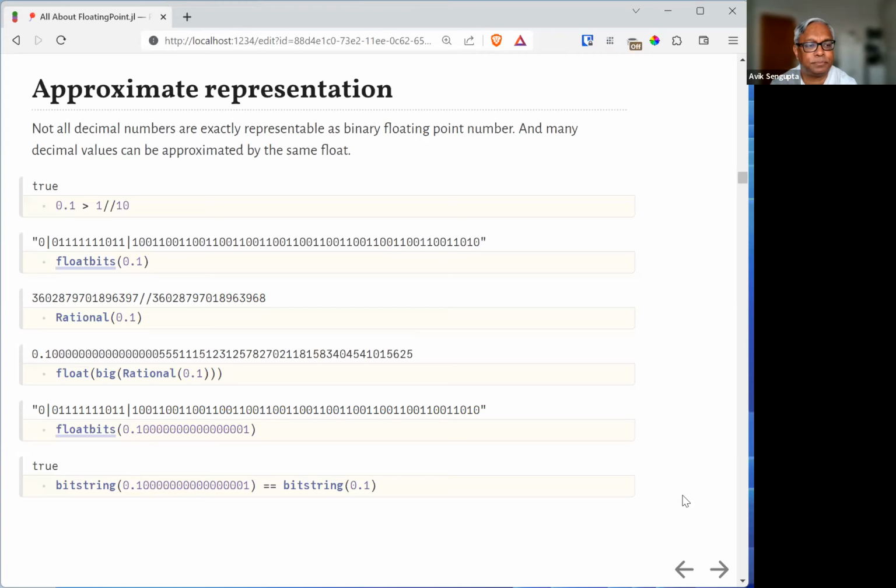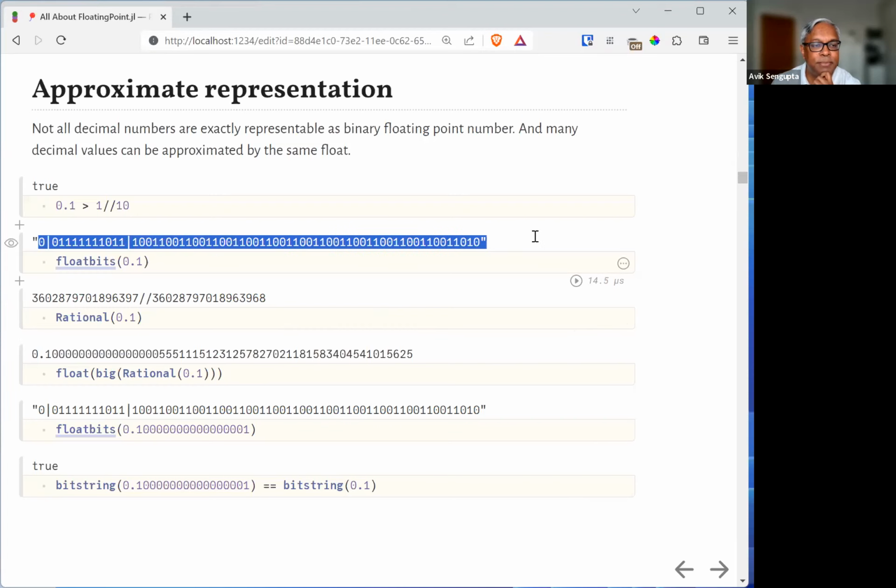And the other way of looking at it is, if you see the float bits of 0.1 and then many zeros 0.1, you will see that the representation of that floating point number is exactly the same as float bits of 0.1. So float bits of 0.1 is this number here.